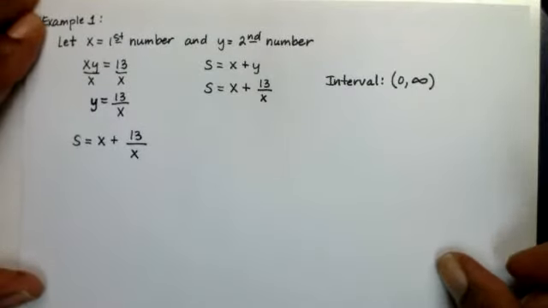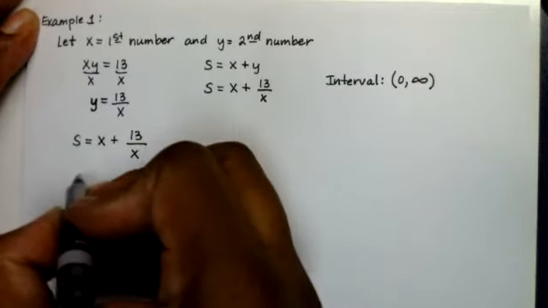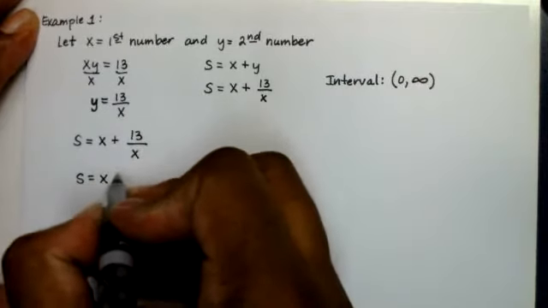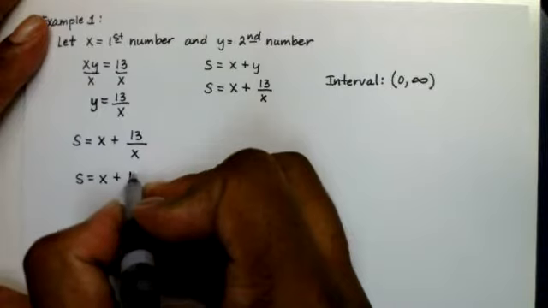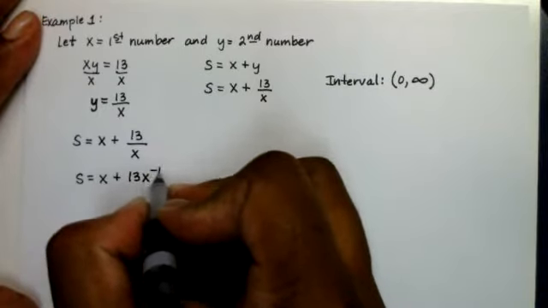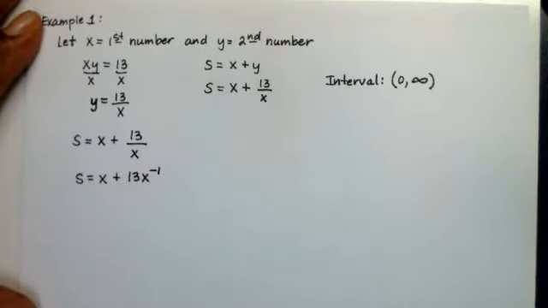So here's what I'm going to have. S is equal to X plus 13 times X to the negative 1, because that X is like X to the 1. So if I pull it out of the denominator, it'll become negative for that exponent.